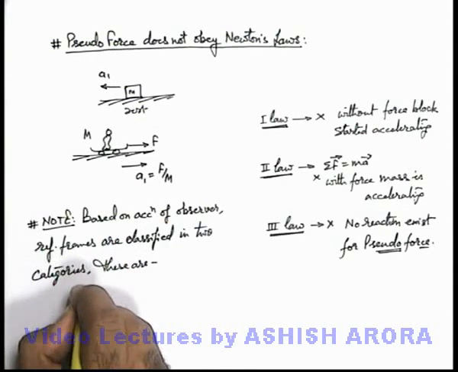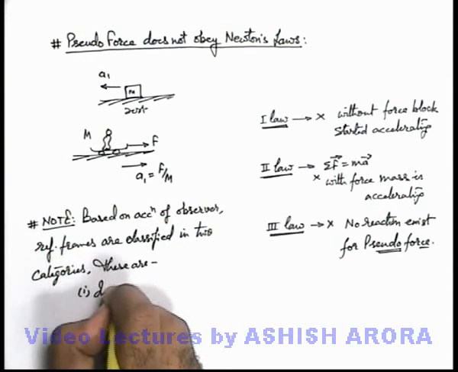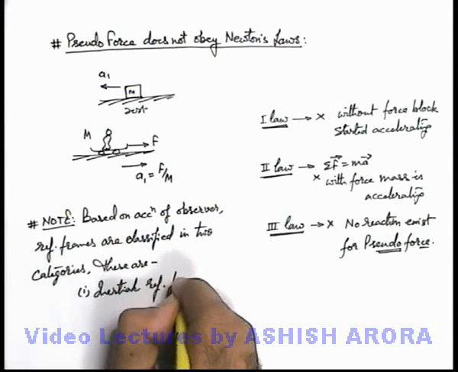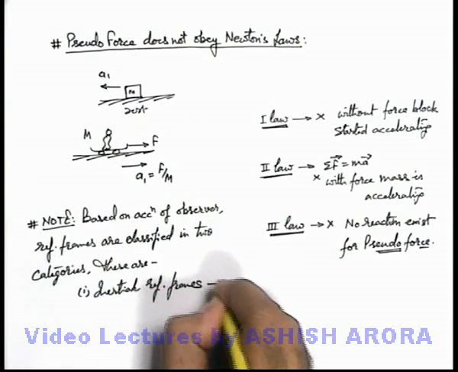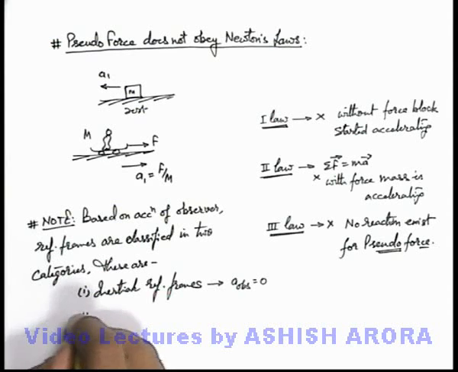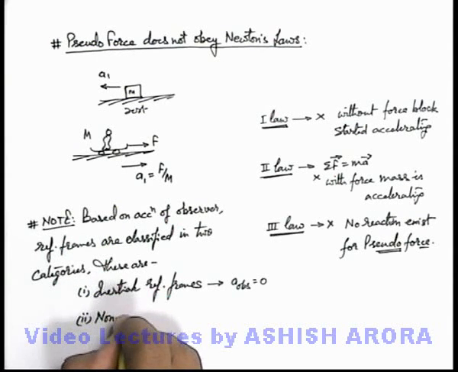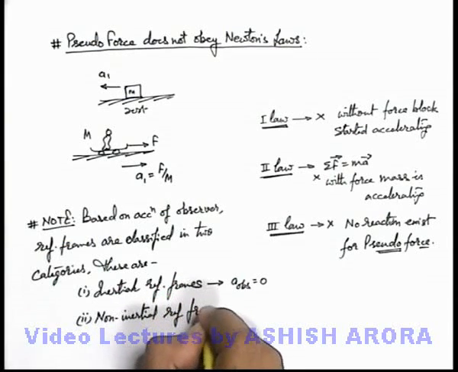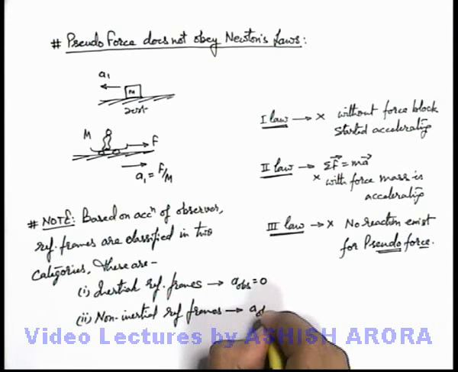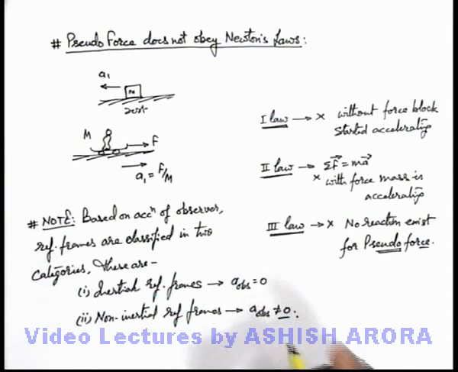The first one we define as inertial reference frames. These are the reference frames in which acceleration of the observer is equal to 0. The second are non-inertial reference frames. These are the reference frames in which acceleration of the observer is non-zero. If an observer accelerates, then obviously the observer will feel that a pseudo force is acting on it.